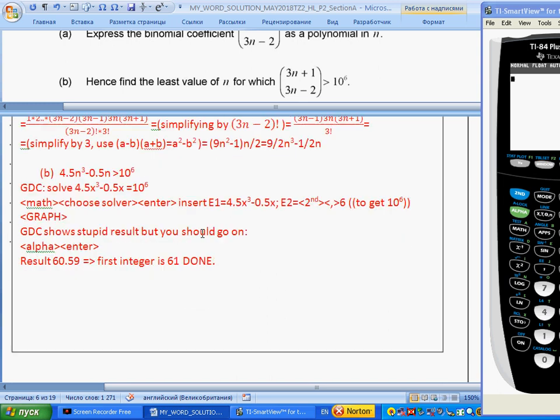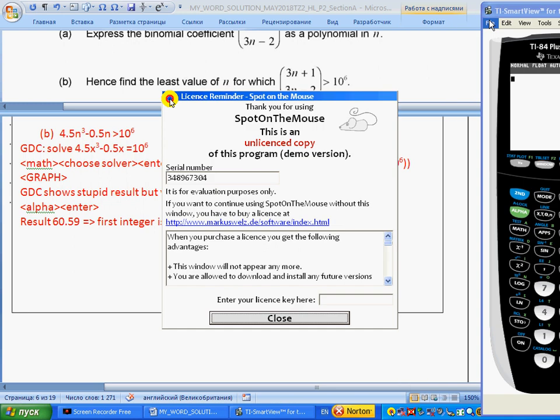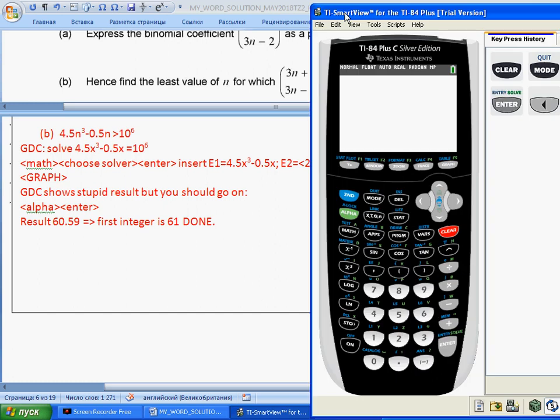The solution is a bit difficult because you should use a calculator. There are several methods. You can use the graphical method. We will use the solver this time, just for difference. Let's use solver.